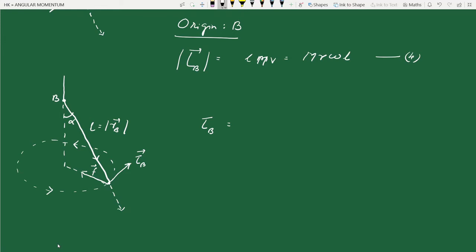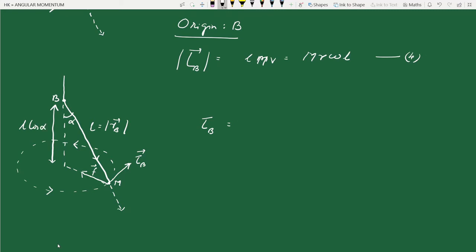And this perpendicular distance from the point B to the force is nothing but this distance, the vertical distance. And how much is this vertical distance? If the length of the rod from the pivot B to the mass M is L, this vertical distance will be L cos alpha.